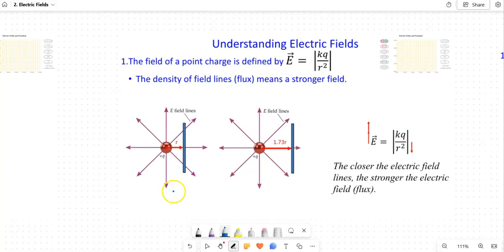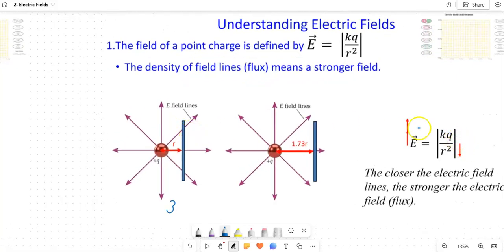So I'm seeing a total of 3 electric field lines. Also, you should note that the electric field is measured perpendicular to this point.